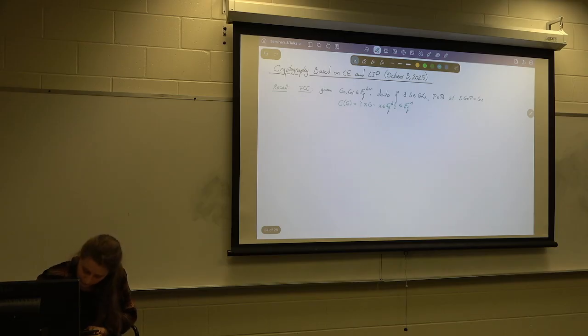Okay. All right, so LIP, the lattice isomorphism problem, was very similar. And this says the following. Now I'm given a description of two lattices, so they're bases, B0, B1.